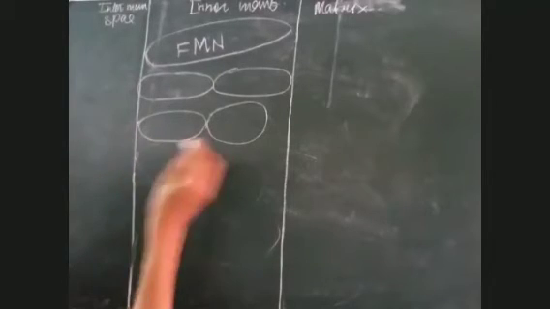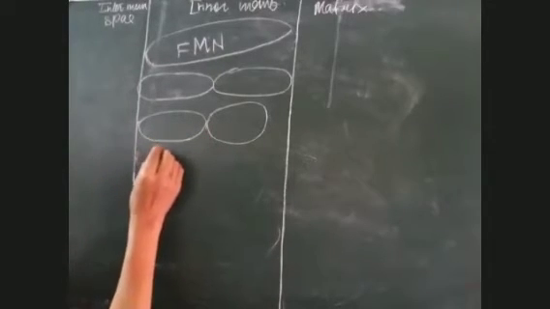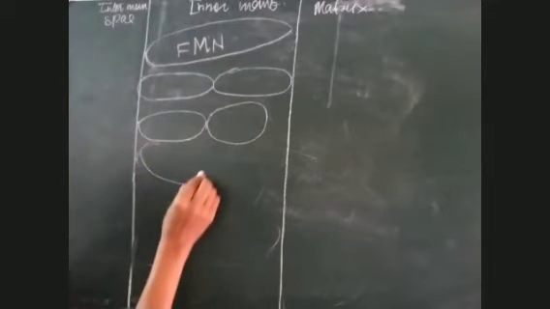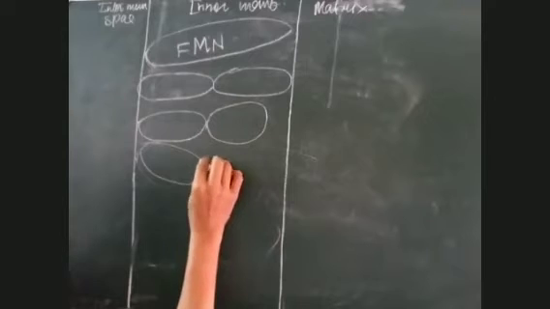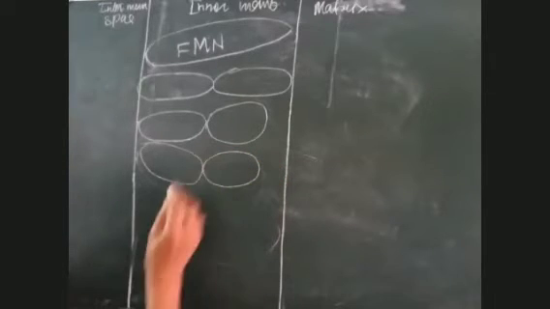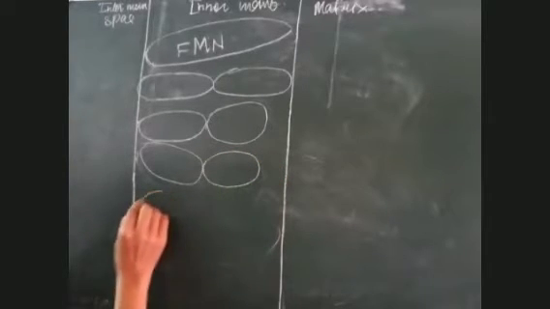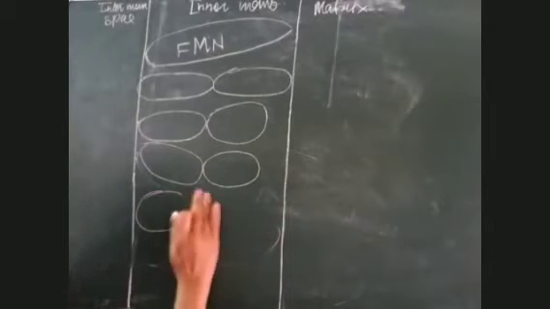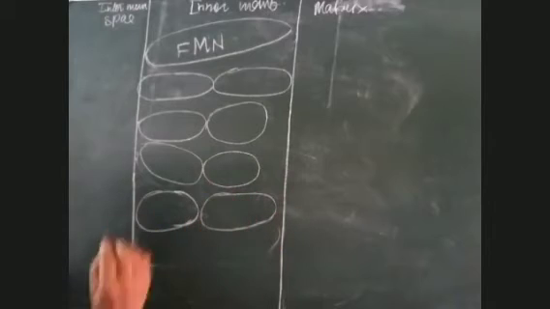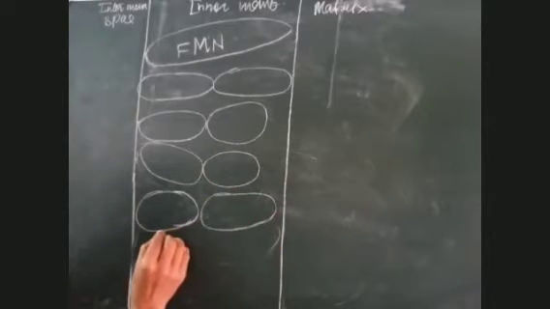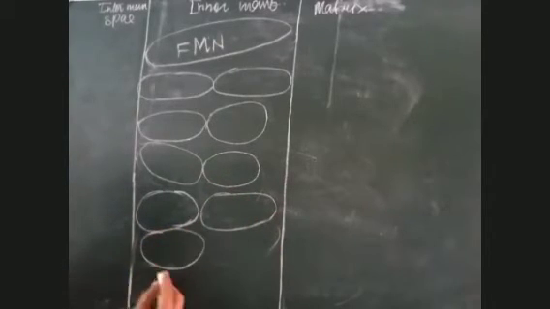So here we have one over here, which is a little tilted. I'll make it small, children, so that everything gets adjusted into the board. We have one over here. Then we have two electron acceptors here, one here and another here. Then one electron acceptor here, and then two electron acceptors at last.